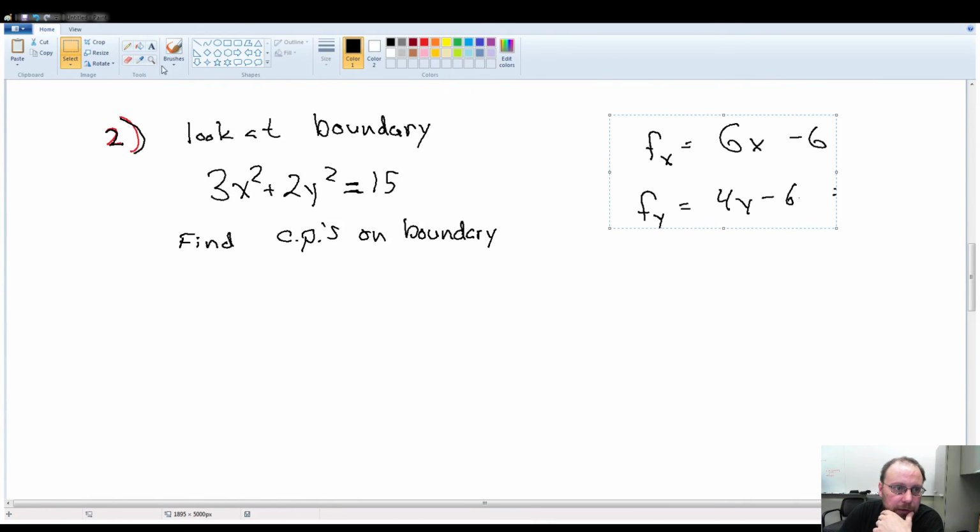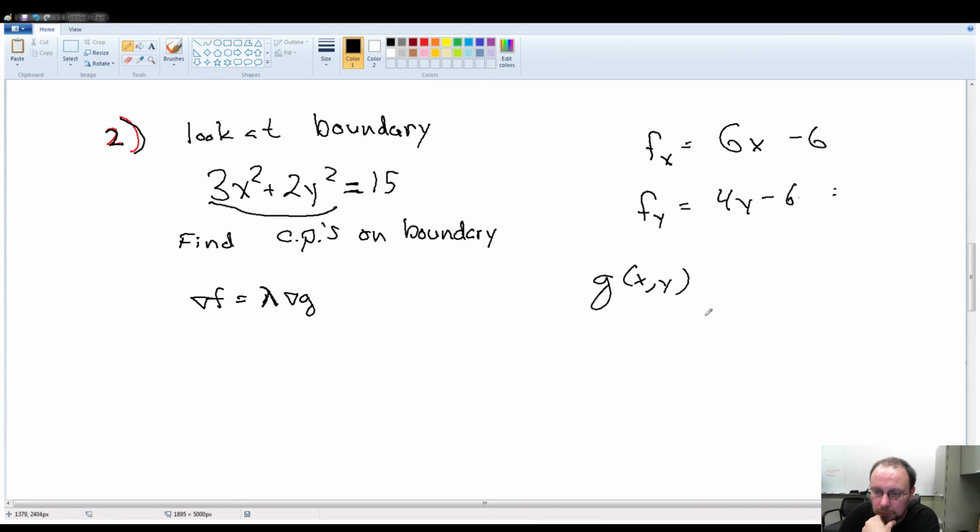Okay. So again, Lagrange: we have the gradient of our function that we want to optimize, f, equal to a multiple, our Lagrange multiplier, of the gradient of the constraint, where the constraint clearly is 3x squared plus 2y squared.